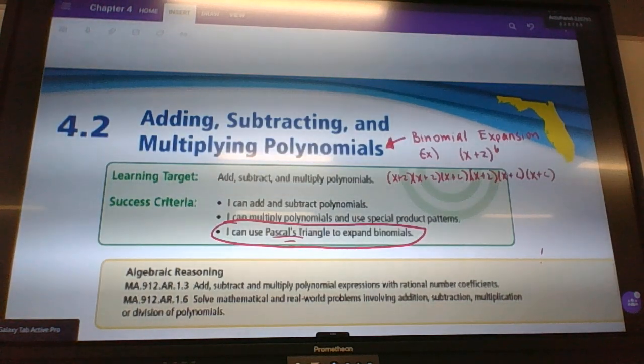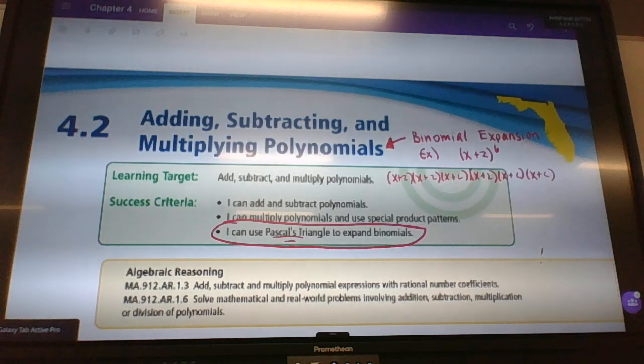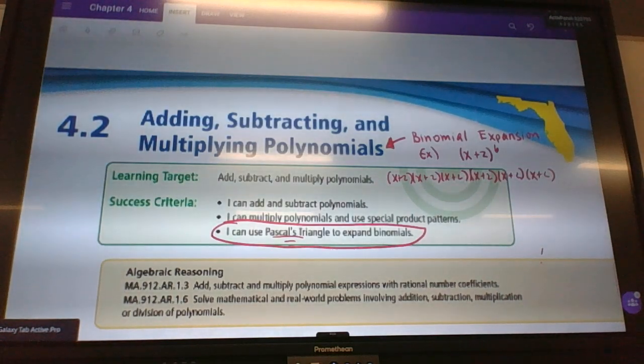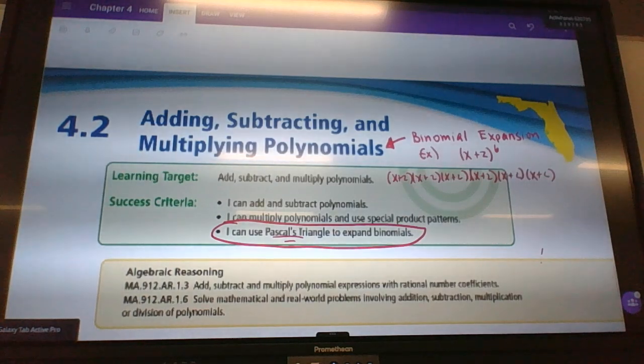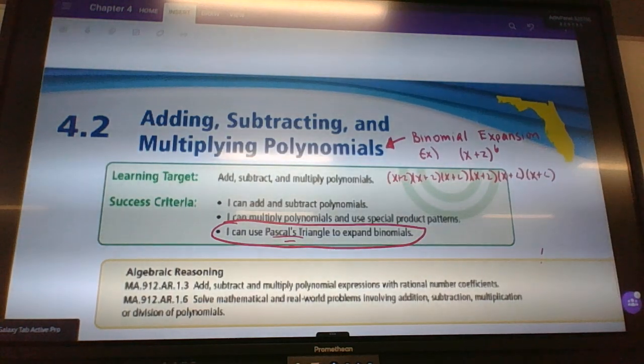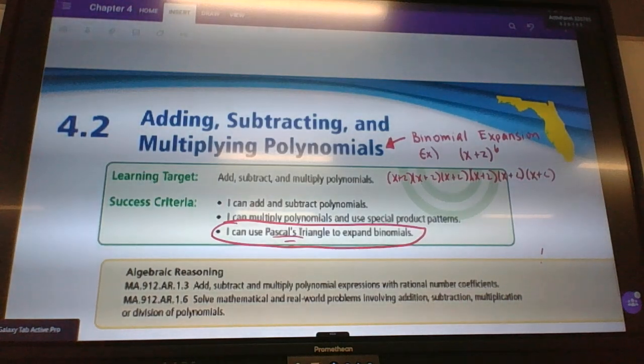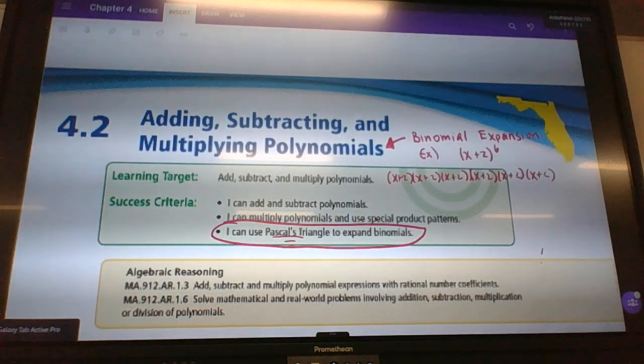You already practiced this in Khan Academy. I'm just going to give you some tips and tricks. So adding and subtracting is just combining like terms. And multiplying is just distribution.